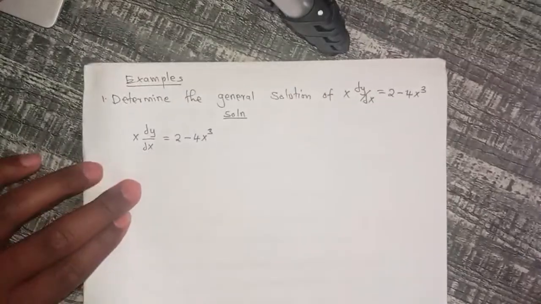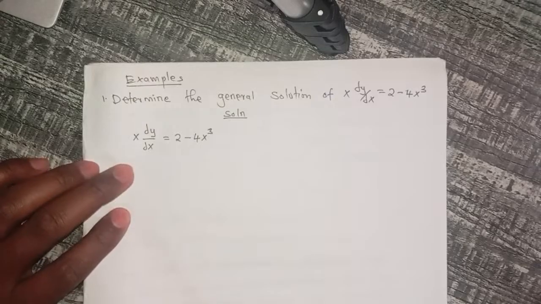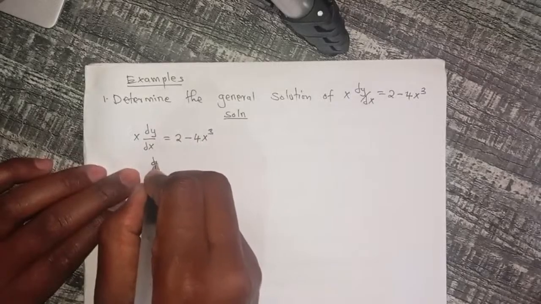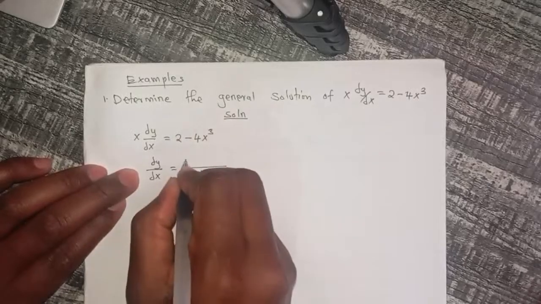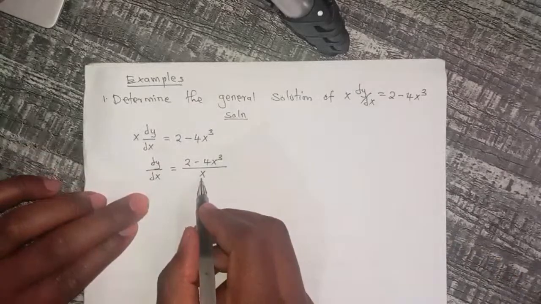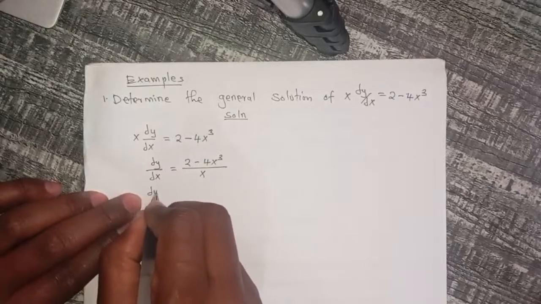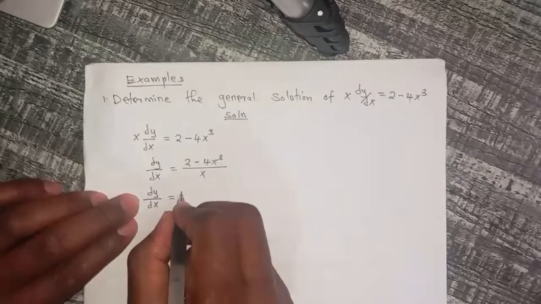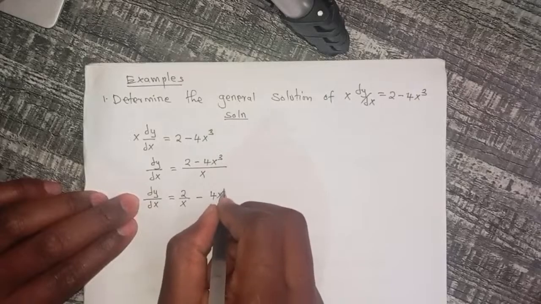First is separating the variables. If you divide both sides by x, this will give you dy over dx equals 2 minus 4x cubed, divided by x. By simplification, this will give you dy over dx equals 2 over x minus 4x square.